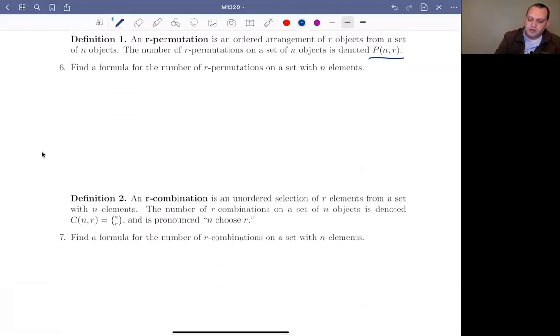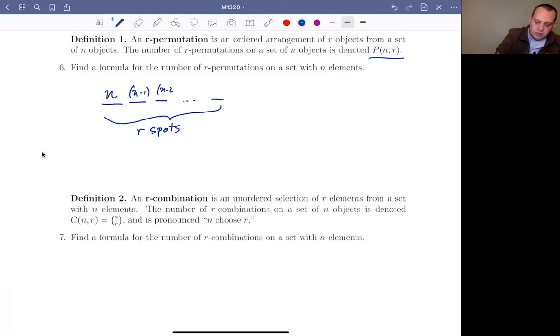And what I want to do is come up with a formula for the number of R permutations on that set. And so we're going to have R spots. Okay, so there's R spots available here. We have n choices for the first item, n minus 1 choices for the second item, n minus 2 choices for the third item, and so on, all the way down to n minus r plus 1 choices for the last item.